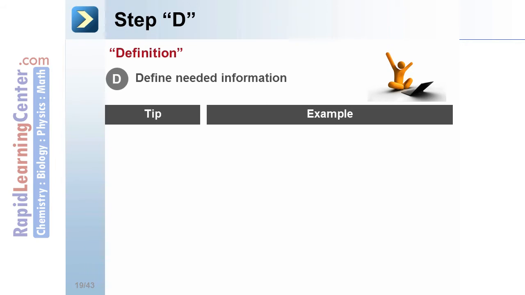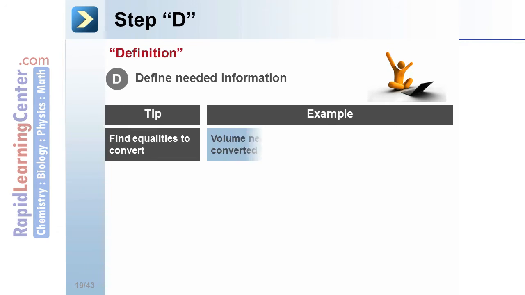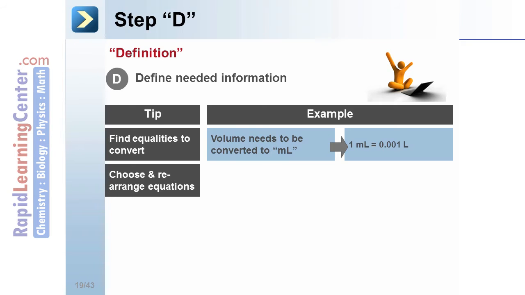The third step is the most critical. D. Define the needed information. Search for needed equalities. For example, to convert to milliliters, the milliliter equality is necessary. Choose and rearrange equations.